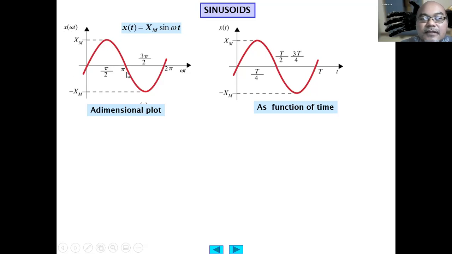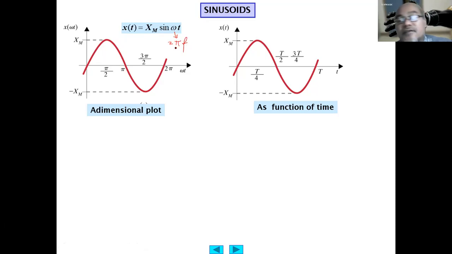As you know, a sinusoidal function has the amplitude Xm, meaning it oscillates in the positive and negative region of the signal, with positive Xm and negative Xm. Then it has the frequency component omega, which equals 2 times pi times the frequency. So omega here equals 2 pi f.